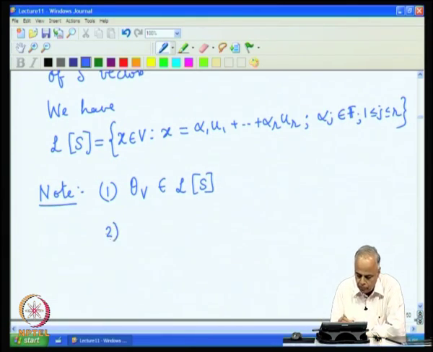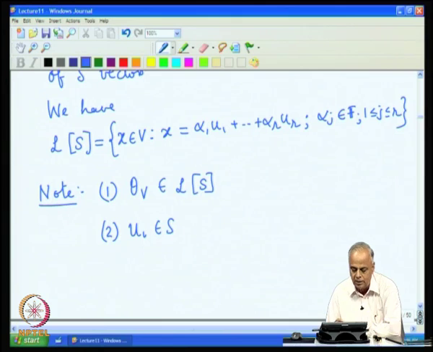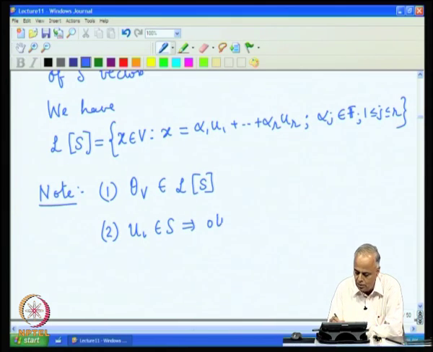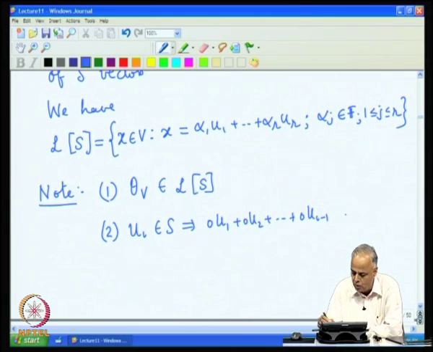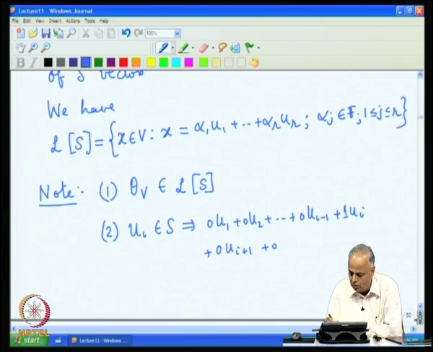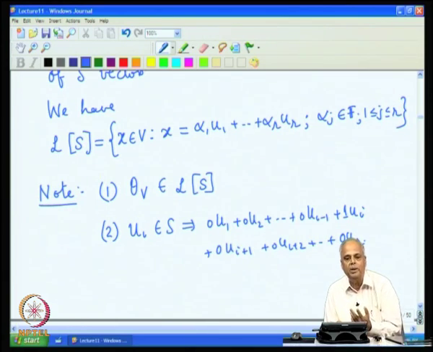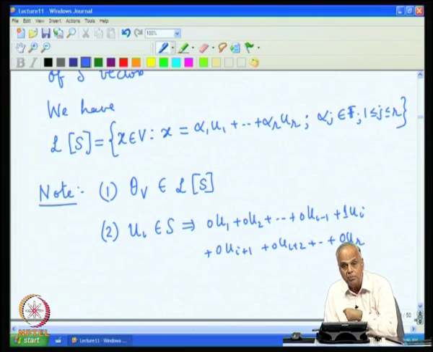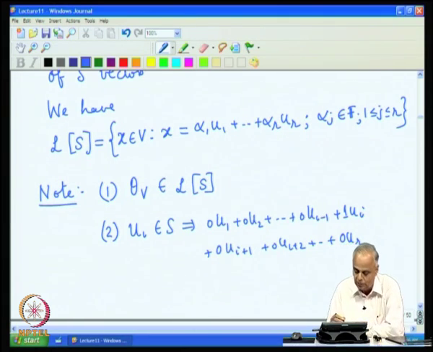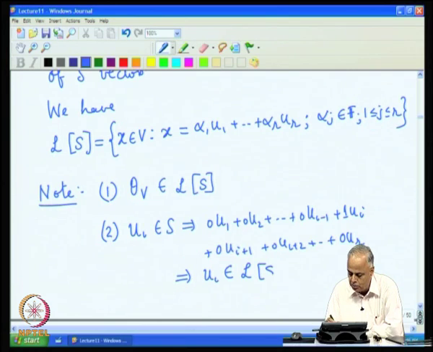Secondly, if you take ui in S, so any one of the S vectors, then we can write it as 0 u1 plus 0 u2 plus etcetera plus 0 u(i minus 1) plus 1 times ui plus 0 u(i plus 1) plus 0 u(i plus 2) plus etcetera plus 0 ur. In other words, a linear combination in which all the coefficients except the ith coefficient are 0 and the ith coefficient is 1, and therefore, ui is a linear combination of the S vectors, and therefore, ui must be in that collection.